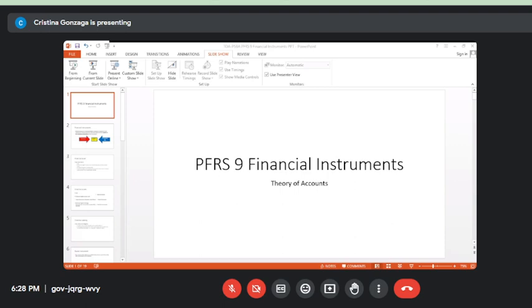O di ba kapag nagkaroon tayo ng interest rate swap receivable kasi nagkaroon tayo ng gain from an interest rate swap contract? The same is true with forward contract receivable, futures contract receivable or option contract receivable. Right? Those are derivative instruments. Pwede pa rin sila pala ay financial assets din.